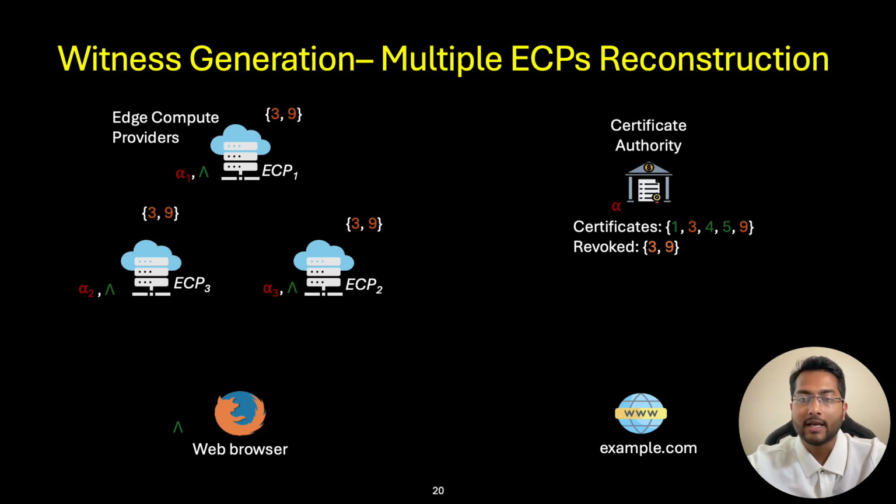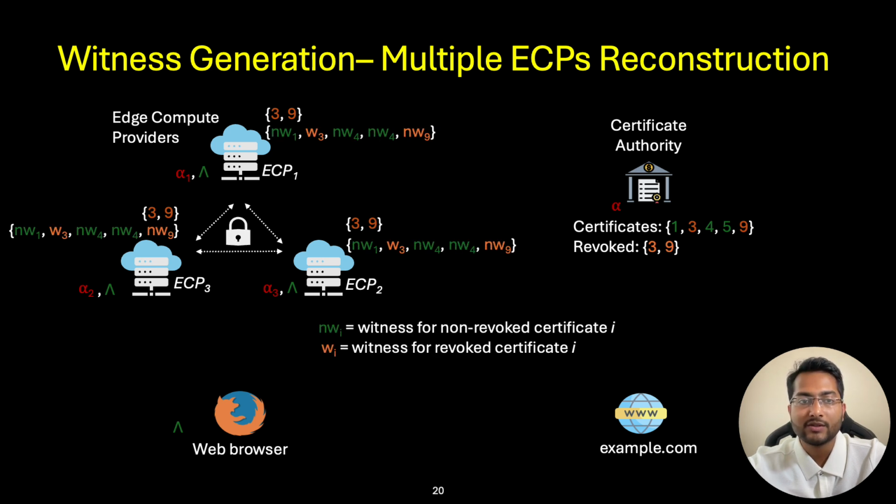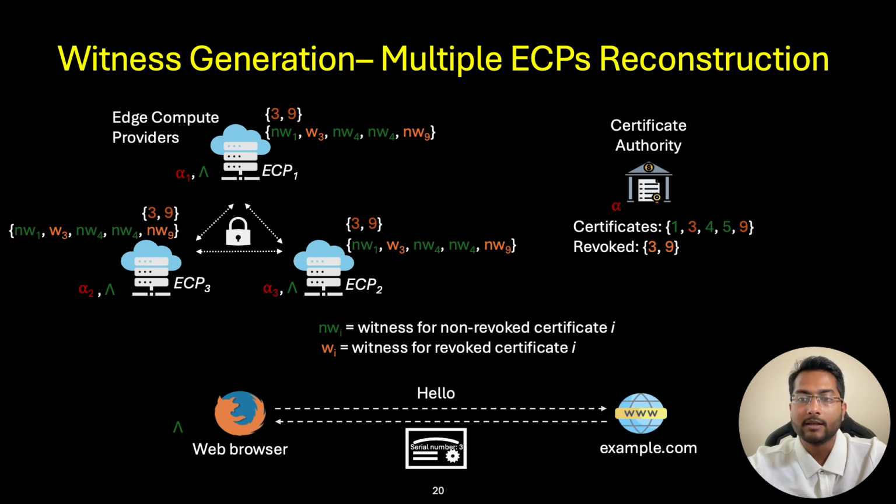Also, ECPs can take part in secure multi-party computation and generate witnesses for revoked and non-revoked certificates for some popular domains beforehand, so that any of the ECPs can reply instantly to the client upon request, and the client can use the reconstructed witness to verify the revocation status.